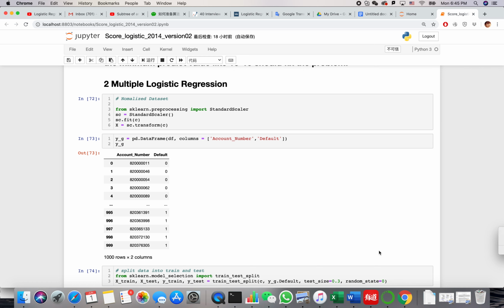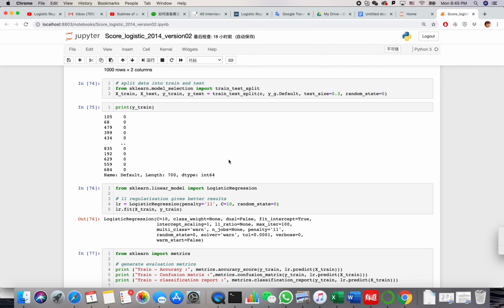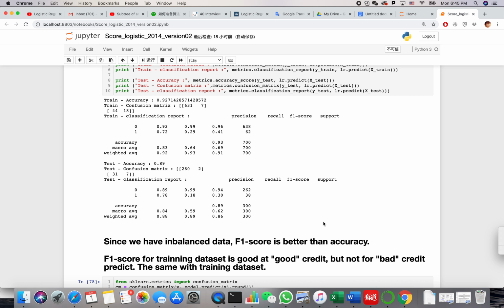So we use this multiple logistic regression, and this time we split the data into 2 datasets. One is the training dataset, the other is the testing dataset, and the test size is 0.3. We get the result here, and because it's a balanced dataset, we can see we use the F1 score, which is better than accuracy.